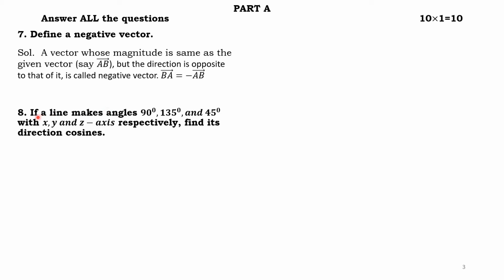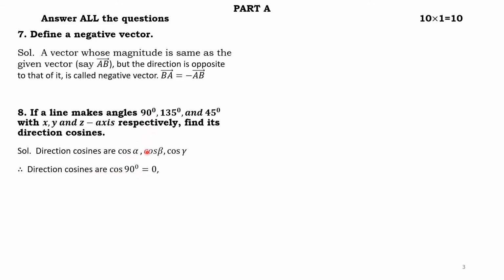Question number 8. If a line makes angles 90 degrees, 135 degrees and 45 degrees with the X, Y, Z axes respectively, find its direction cosines. Solution. Direction cosines are cos alpha, cos beta and cos gamma. So the direction cosines are cos of 90 degrees.